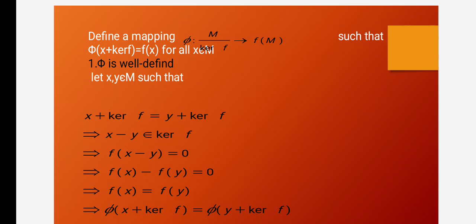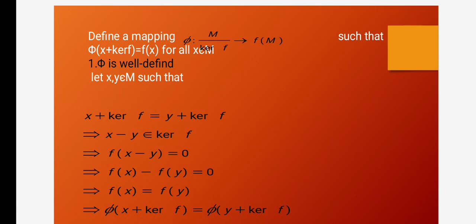Then we have f of x minus y equals 0 because f is a homomorphism. Then by the property f of a minus b equals f of a minus f of b, we have f of x minus f of y equals 0. Then we get f of x equals f of y.